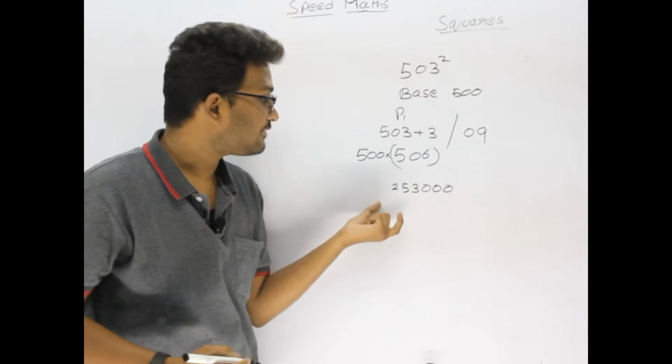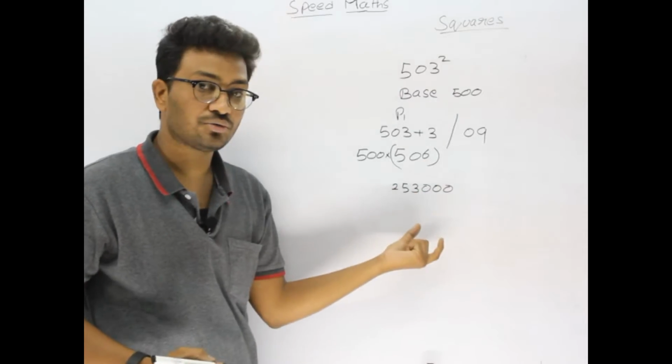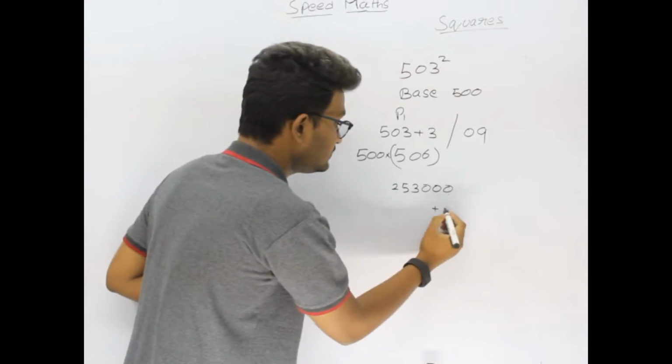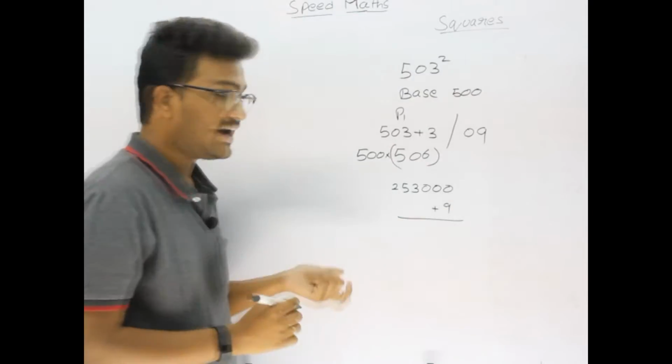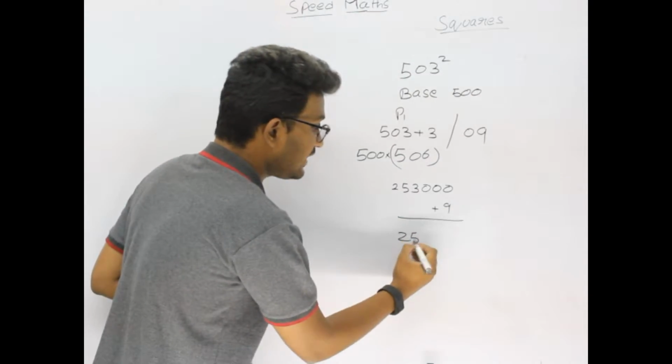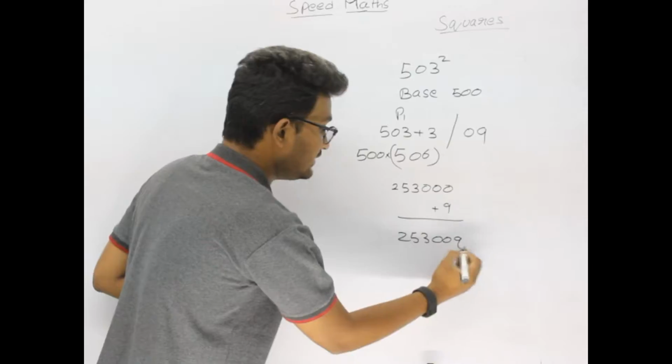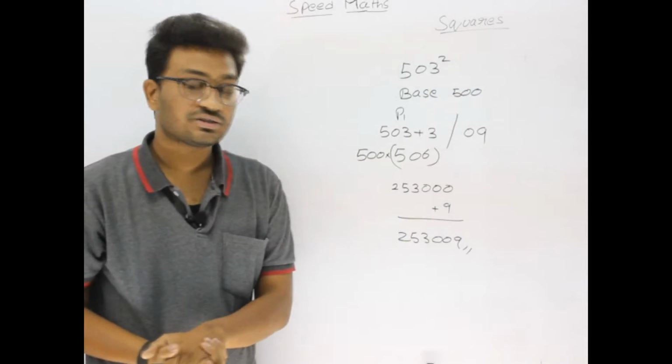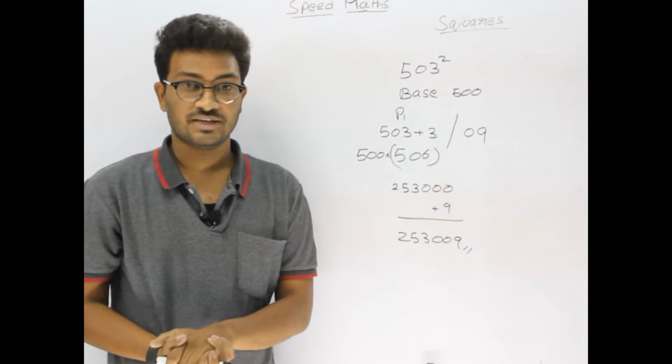Right. Now we should add part 2 to this number. So the answer is 253009. So the square of 503 is 253009.